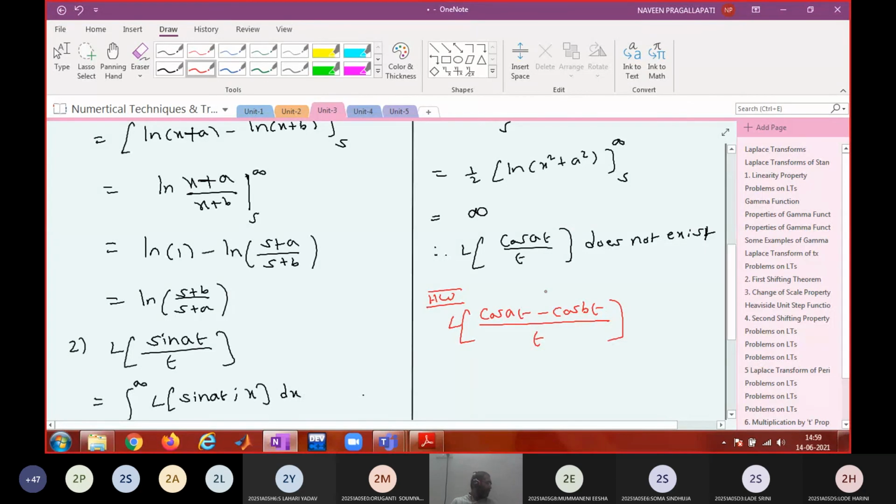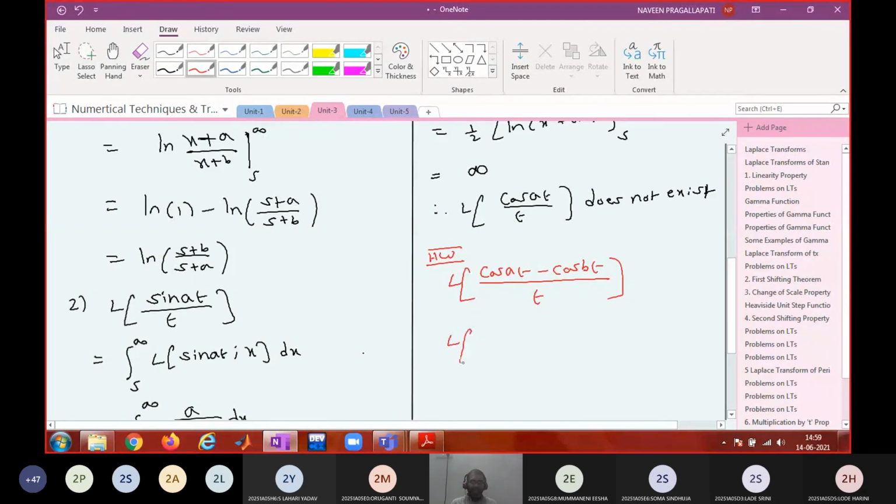Try to find out. Also you may try Laplace of sin squared t by t. So do these two problems. Is it fine?